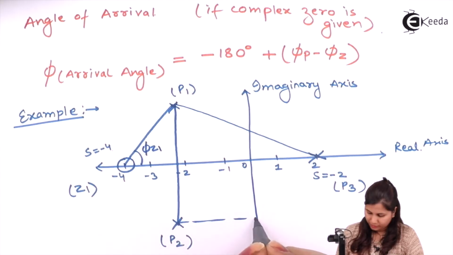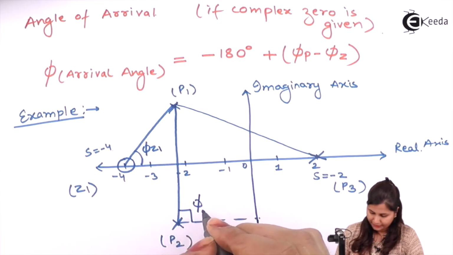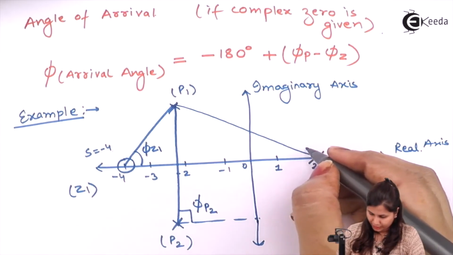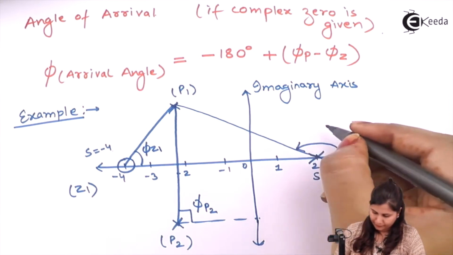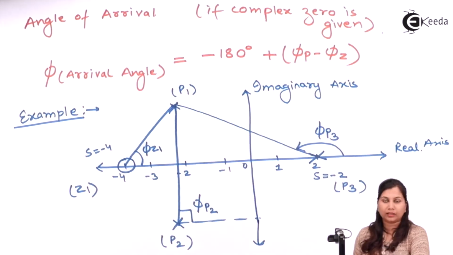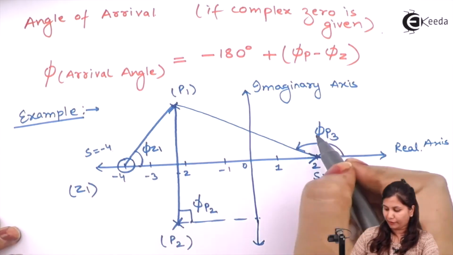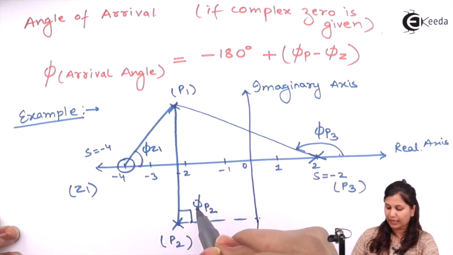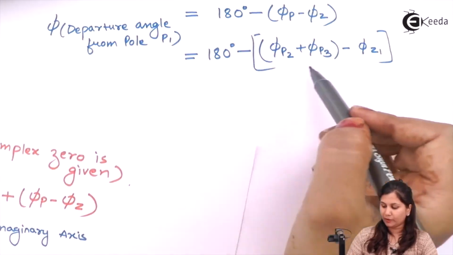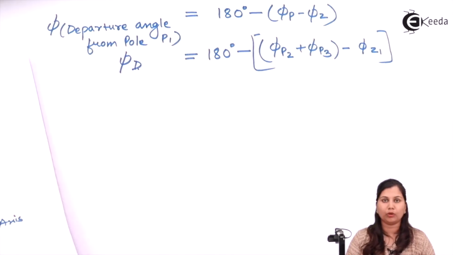Here we have the angle phi P2, and this will be the angle phi P3 for this pole P1. So phi Z1 we can calculate from here, along with phi P2 and phi P3. Take the sum of phi P2 and phi P3 and subtract phi Z1 from it, put in all the values, and we will be able to get the departure angle for this pole P1.